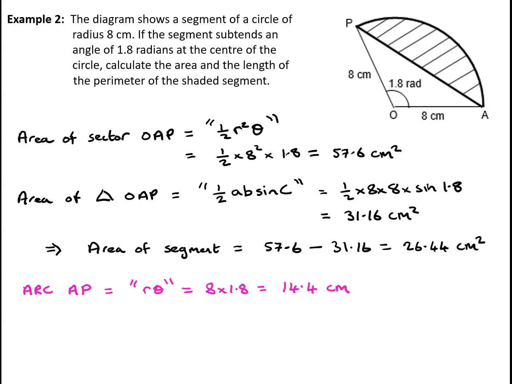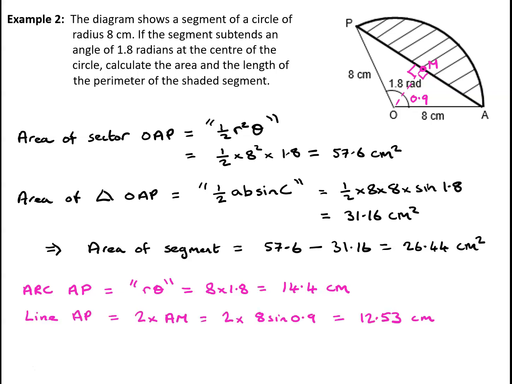The length AP can be worked out by marking the point M at the midpoint of AP. Then the triangles OAM and OMP are congruent, and they're each right-angled triangles. So we can say that AM, using right-angled triangle work, is going to be 8 times the sine of 0.9.